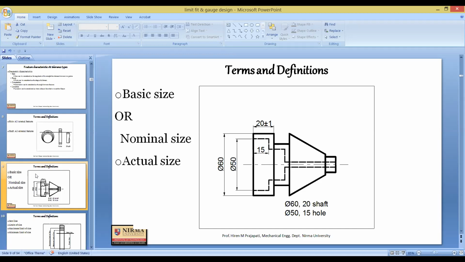Due to those variations, the actual size always has some deviation, some change compared to the basic size or the design size, and that variation we are allowing is called a tolerance. So the permissible variation in the actual size of a dimension with respect to the basic or nominal or design size is called a tolerance.